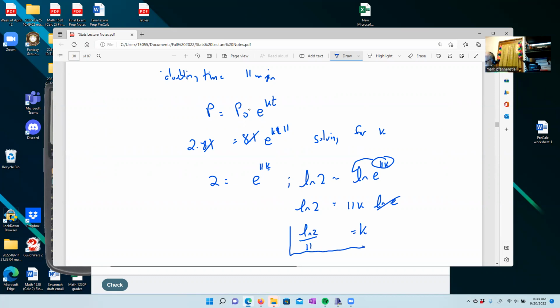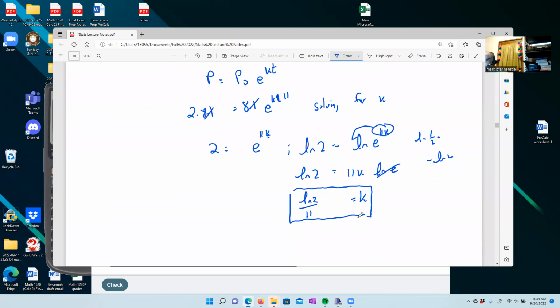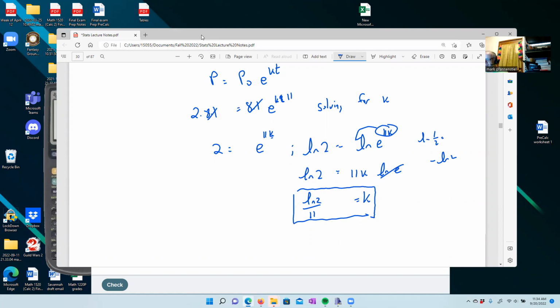When I did this problem before, I usually changed the doubling into negative natural log of 2, and it marked me wrong. If you did not put natural log of 0.5, it was very unhappy. So we're just going to leave this as is. My k is equal to natural log of 2 divided by 11. That's what we're going to enter in here. I'm not going to promise that's our best answer, but we'll give it a shot.